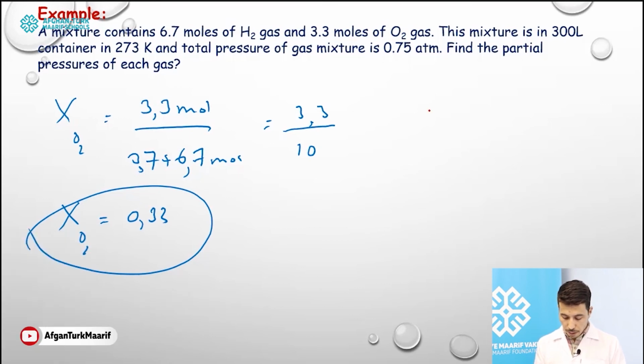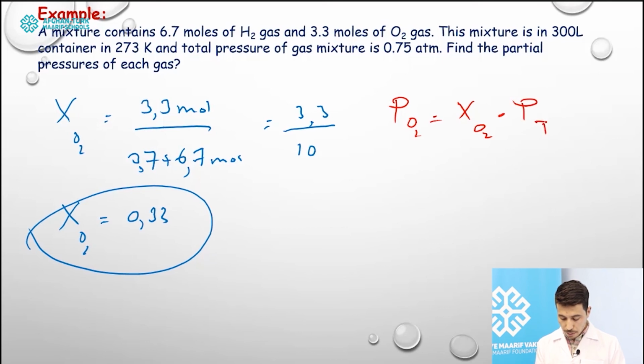From the equation of the partial pressure, we remember that PO2 will be equal to XO2 times P total. So PO2 is equal to, what's XO2, or the mole fraction of the oxygen? It is 0.33 times, what's the P total? 0.75 atmosphere.